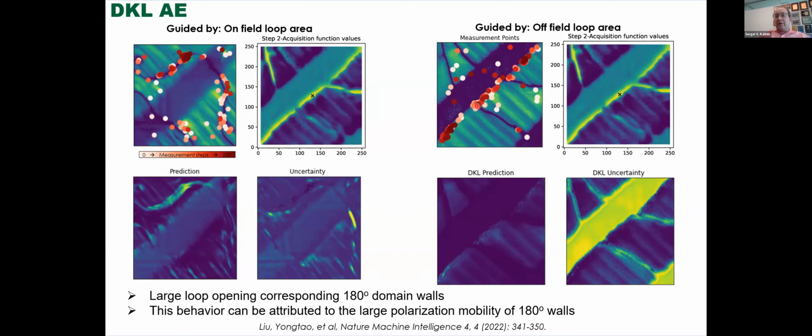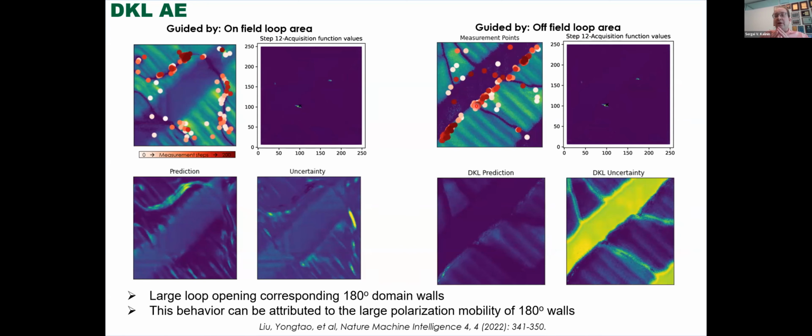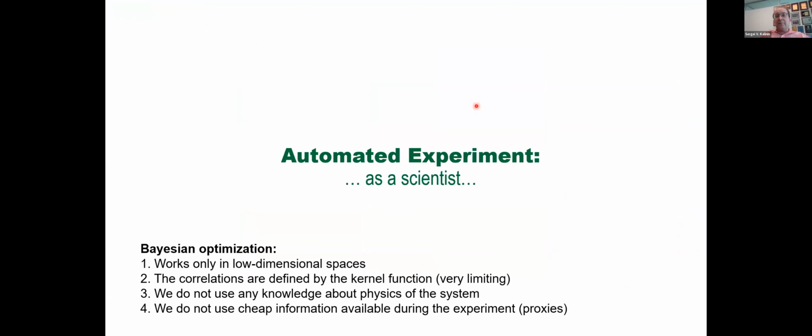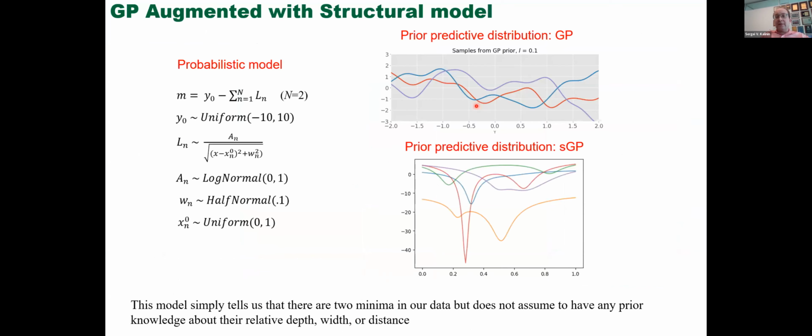That was very encouraging because basically we figured out how to use machine learning to discover the regions with the anticipated interesting physics, based on some proxy data. The question is, can we incorporate the physics as part of the discovery process? Again, here the classical Gaussian processes don't work particularly well because they don't have any physics in them.